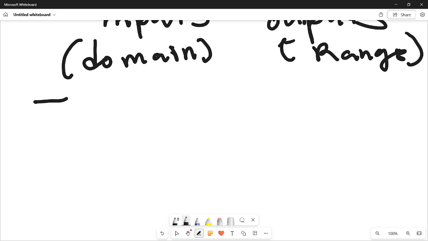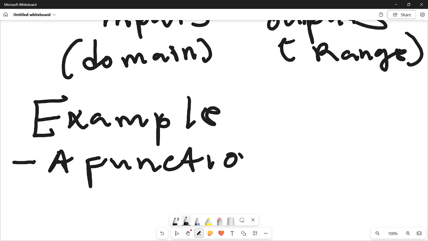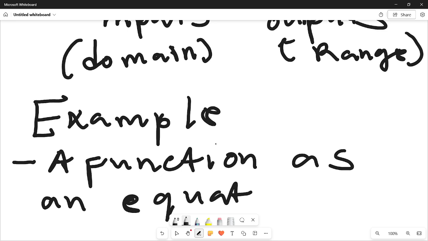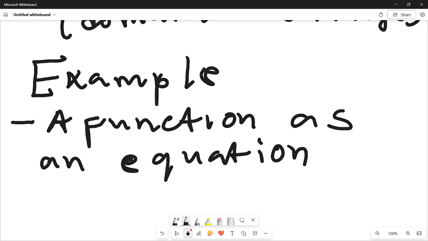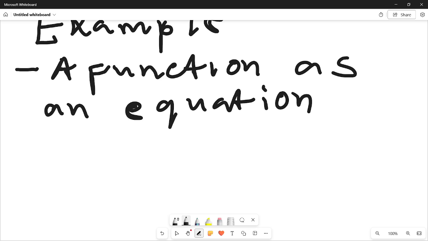For example, if we are representing a function as an equation, it is going to be written as follows.